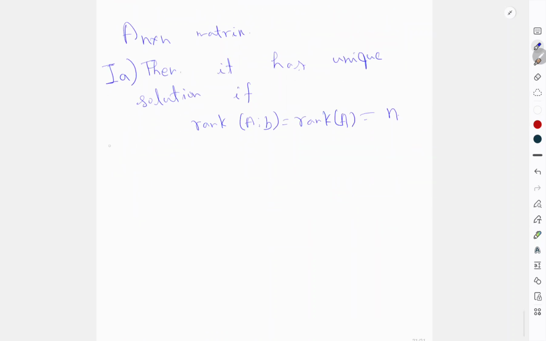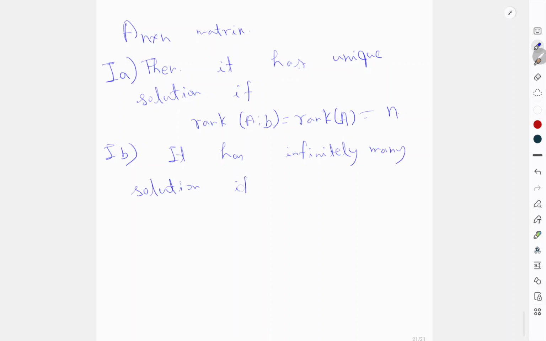And 1B, it has infinitely many solutions if the rank of AB is equal to the rank of A, and this is strictly less than n.